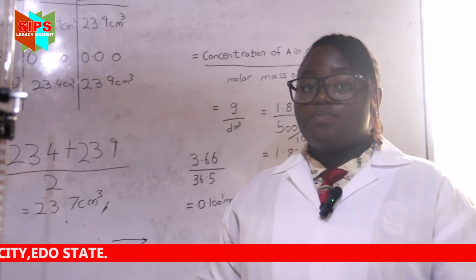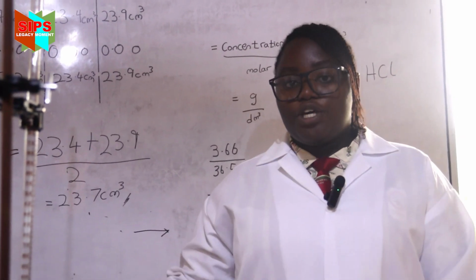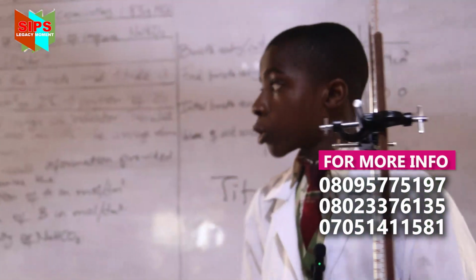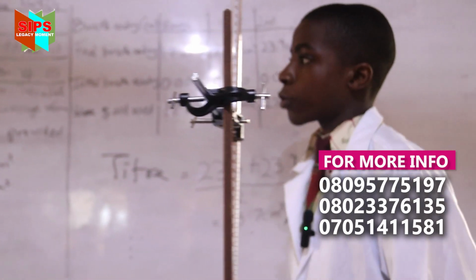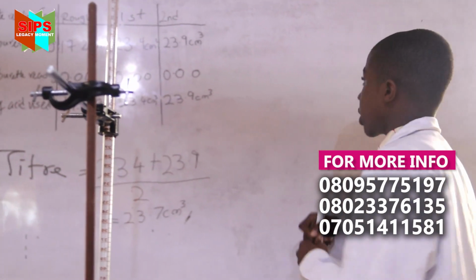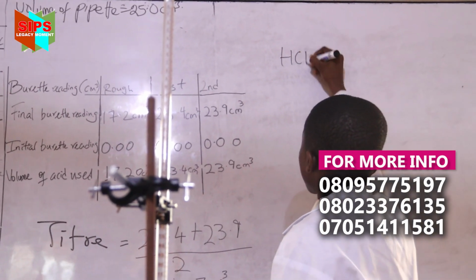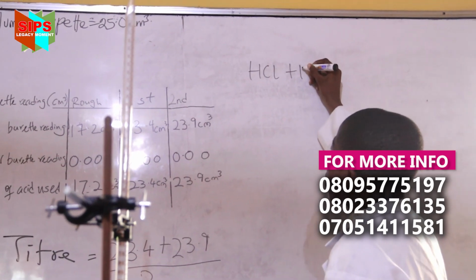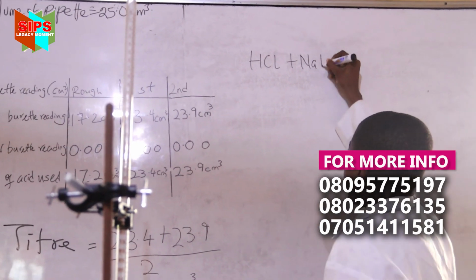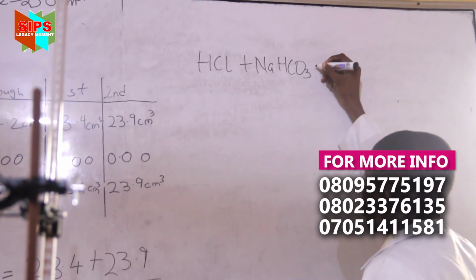Now my fellow classmates will help us to do the concentration of B in mole per dm cube. Thank you, Lydia, for the great work you have done so far. Now I'd like to do the concentration of B in mole per dm cube. Firstly, our formula: hydrogen chloride, which we're given as the acid, plus NaHCO3, which is sodium hydrogen carbonate.